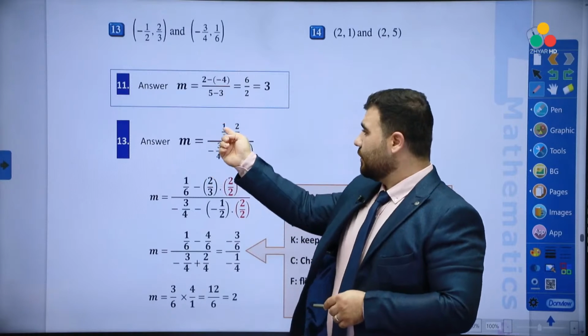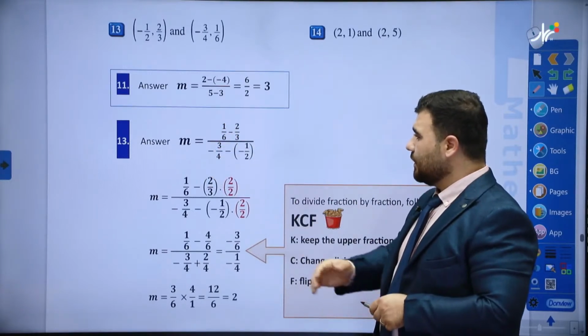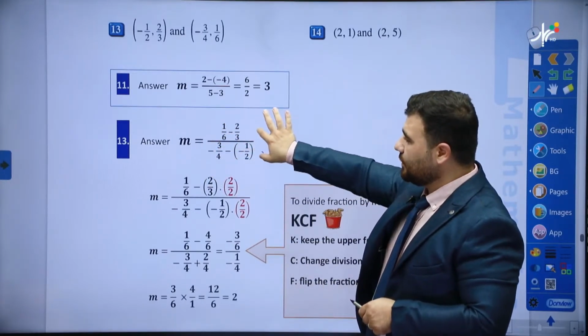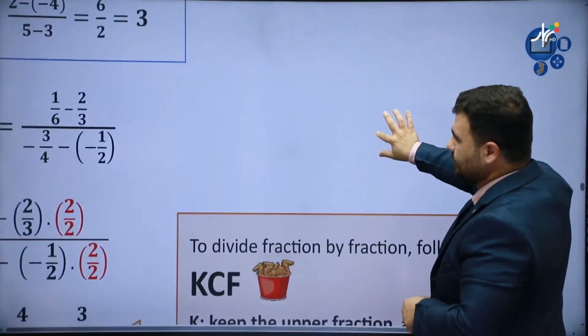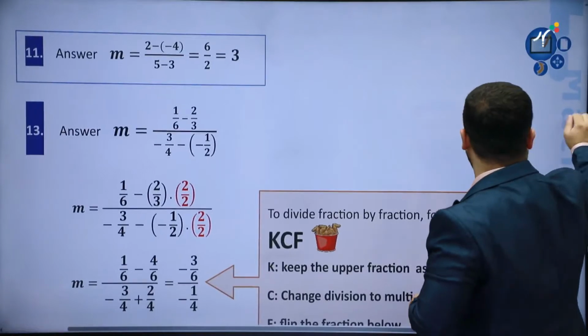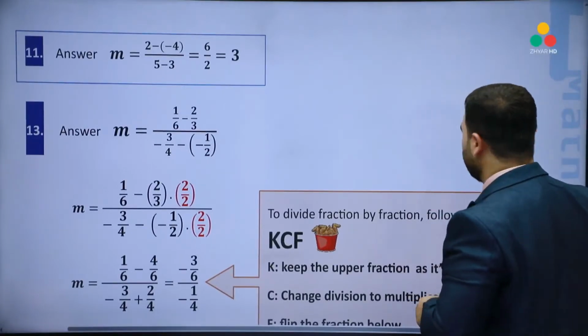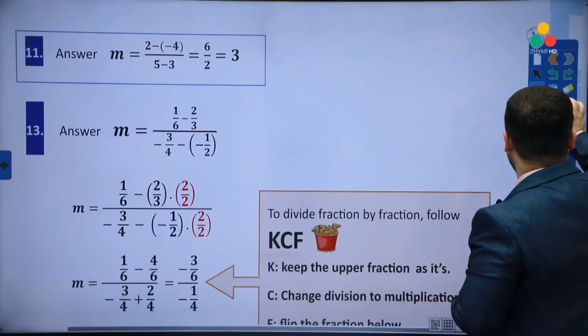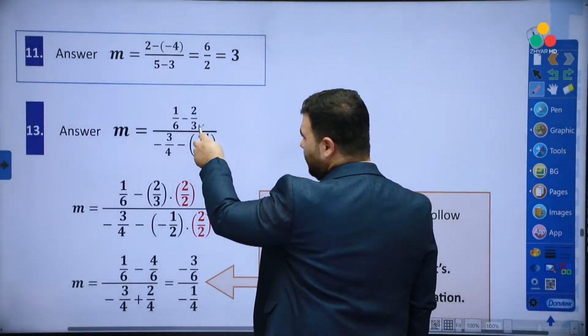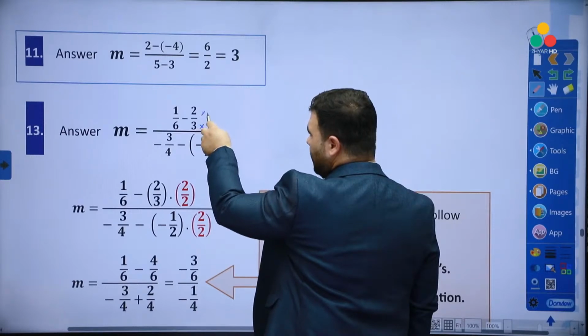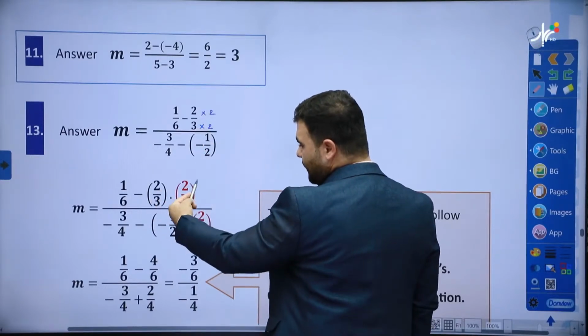Then 1 over 6 minus 2 over 3, we need common denominators. Common denominator for 3 and 6 is 6. How 3 becomes 6? Multiply by 2, multiply by 2. We do this.